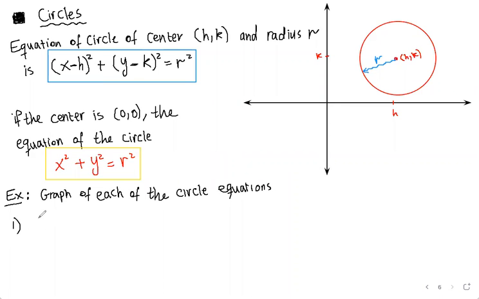First one is x squared plus y squared equals 25. Second one here is x minus 2 squared plus y plus 1 squared equals 25.